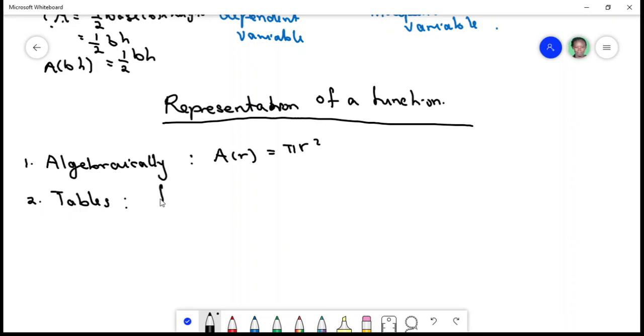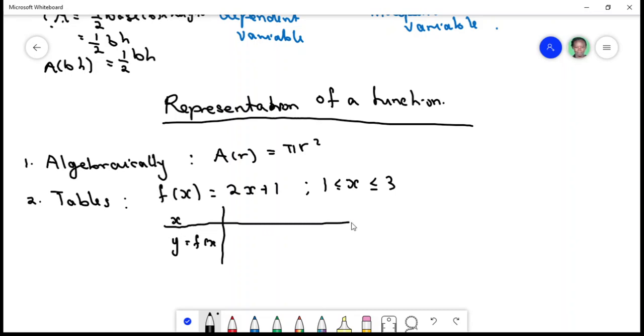If I have a function, let's say f of x equal to 2x plus 1, and I give you the values for x from 1 to 3, I can find the values for y, which is f of x. So if I substitute 1, it is 2 times 1 is 2 plus 1, this is 3.